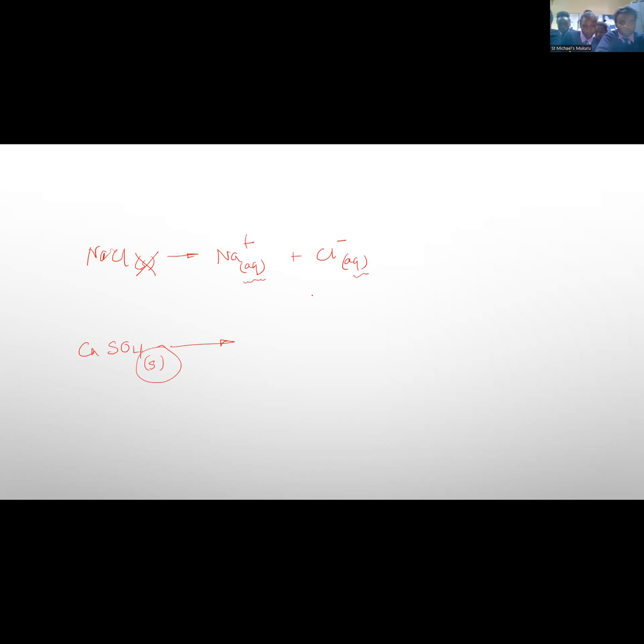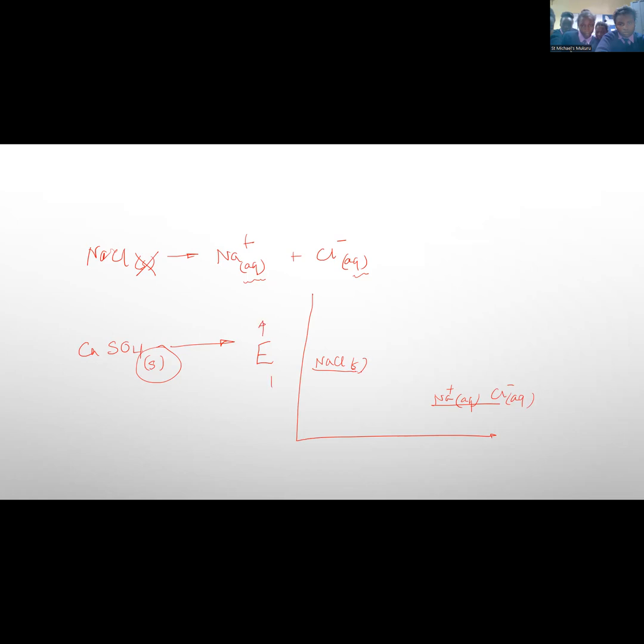If I look at a graph of energy for sodium chloride, this is sodium chloride solid, and I try and break it and then turn it into sodium ions and chloride ions in water. This is energy up the side.